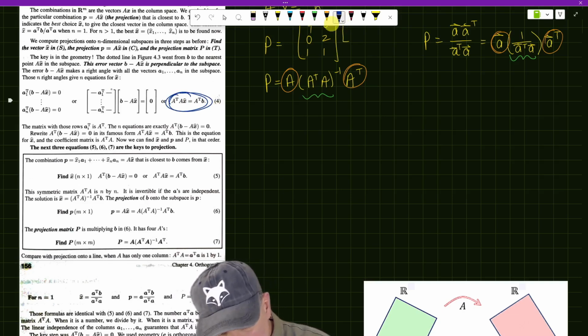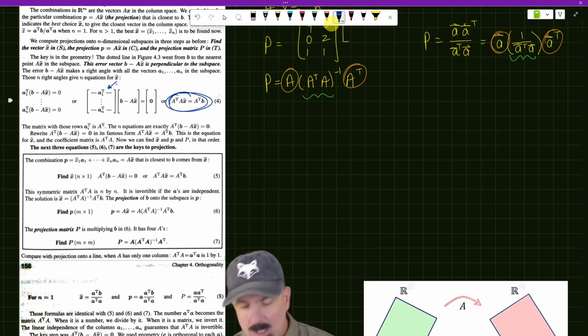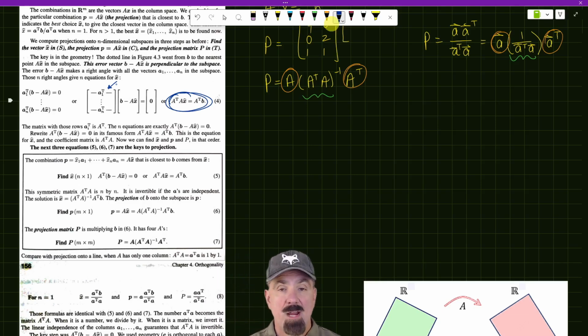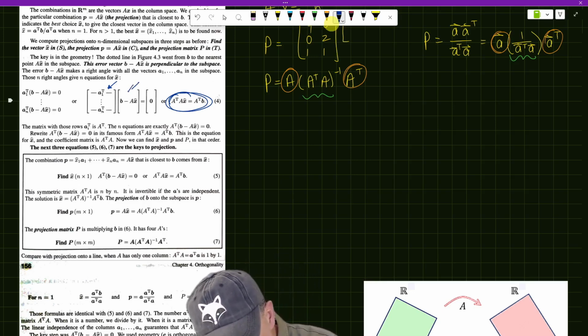They are the places where the columns of A, which are the rows of A transpose, are orthogonal to the error vector, which is right here.